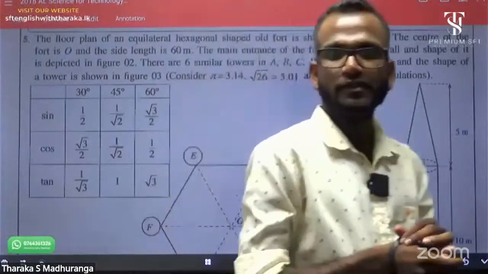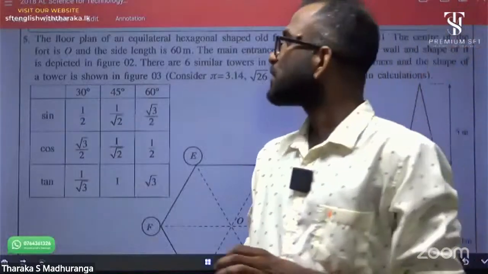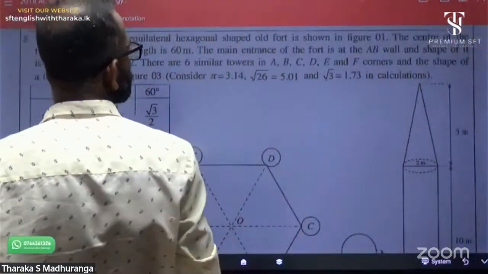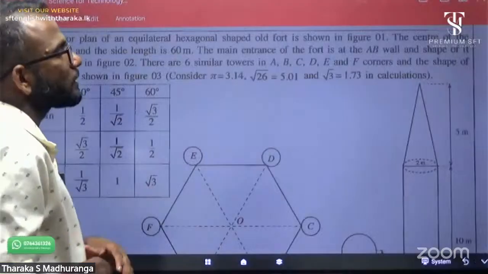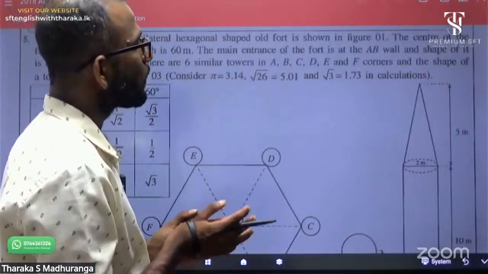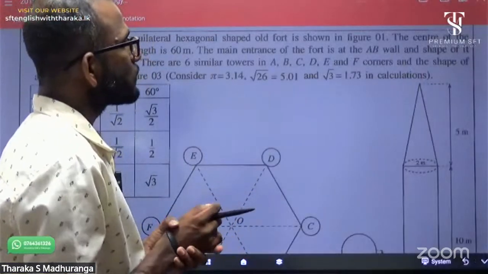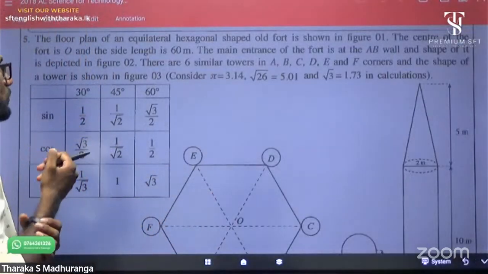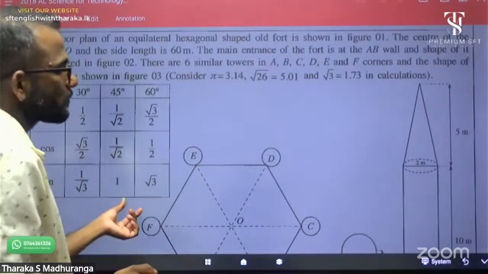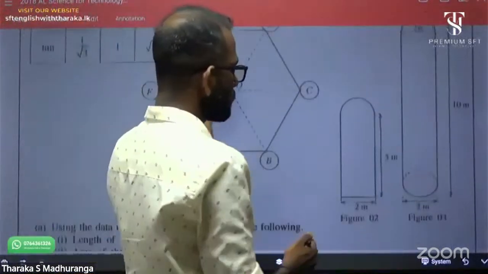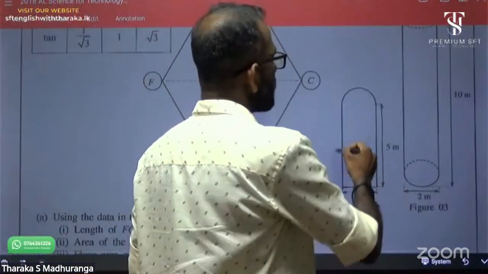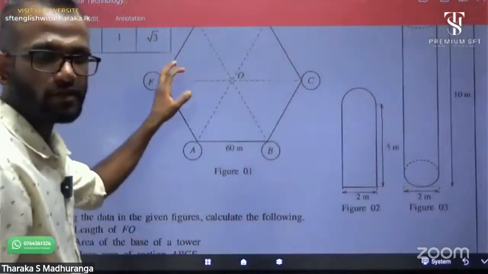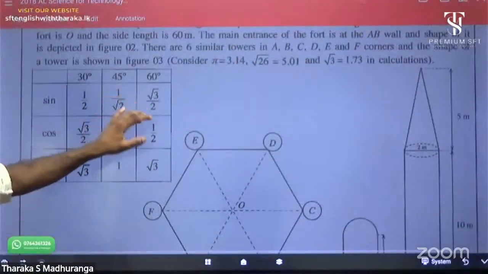The main entrance of the fort at the AB wall and the shape of it is depicted in figure 2. Figure 2 gives the main door. It's an arch shape.